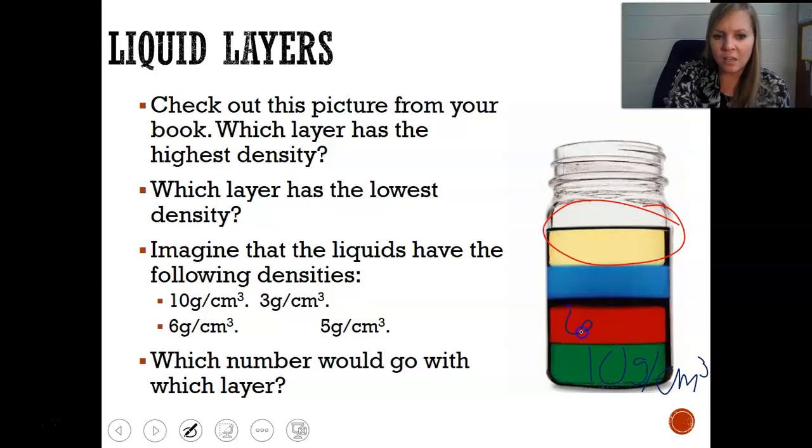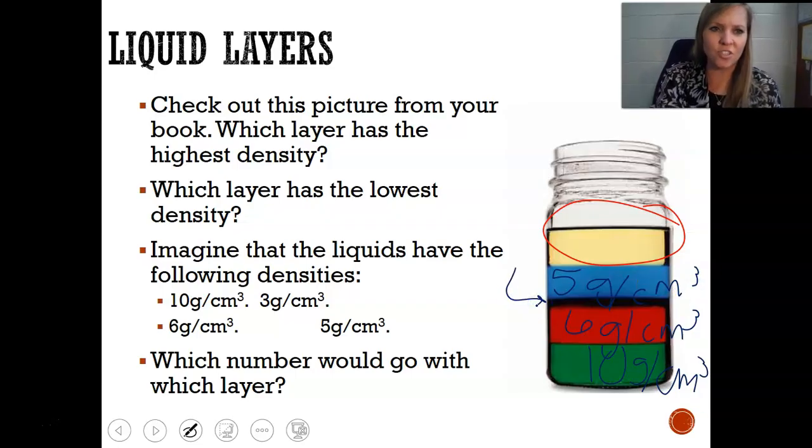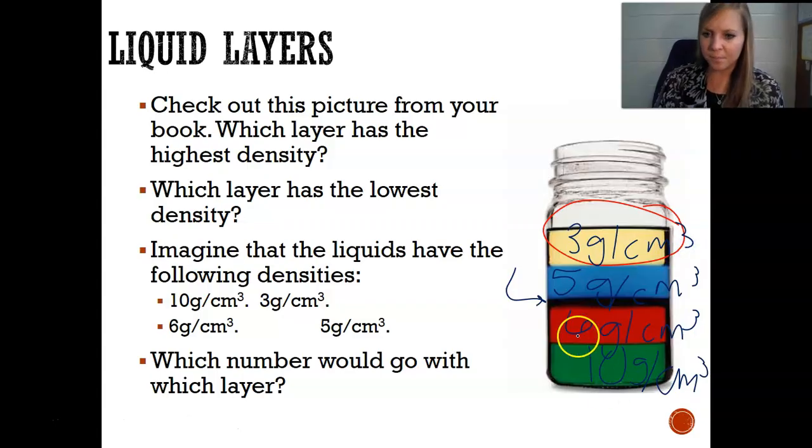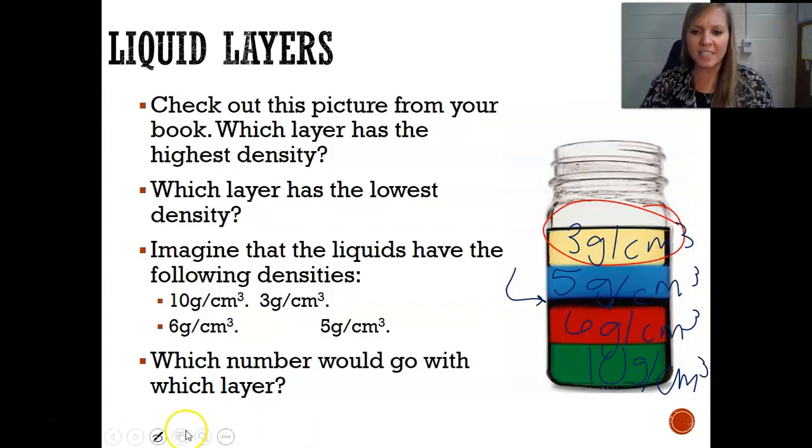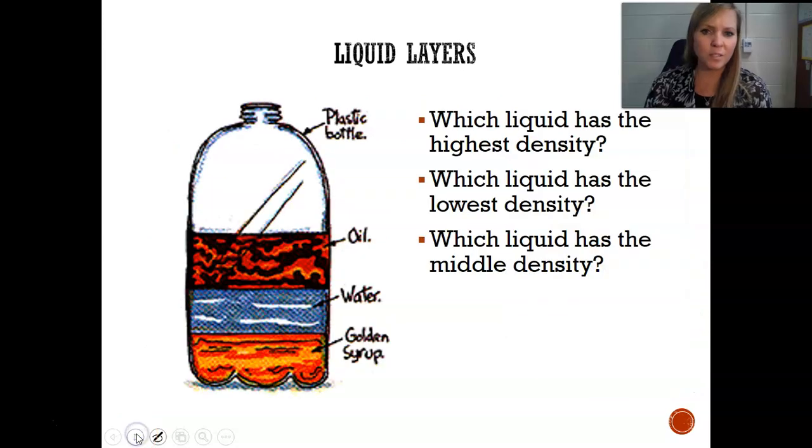And then a little less dense, so 6 grams per centimeter cubed, and then 5. This dark spot right here, that's just a shadow, okay? And then 3 grams per centimeter cubed, okay? So very basic idea, but a lot of times it's been a while since we've gone over it.